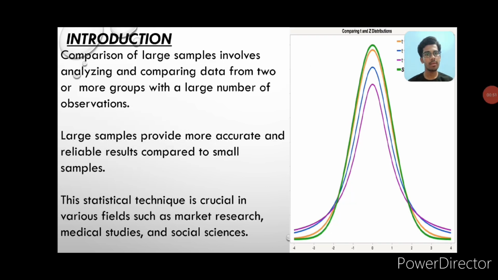Introduction about large sample comparison. Comparison of large samples involves analyzing and comparing data from two or more groups with a large number of observations. Large samples produce more accurate and reliable results compared to small samples, which are reliable and realistic in nature.